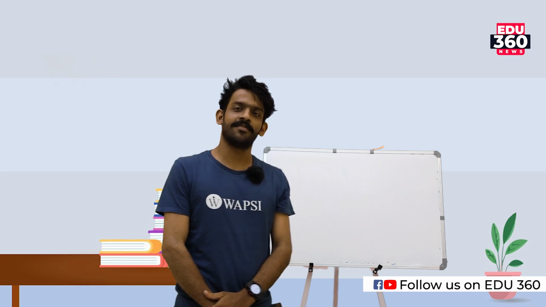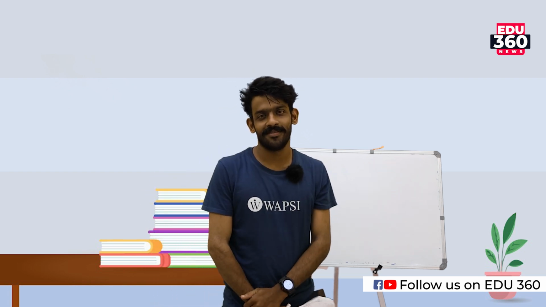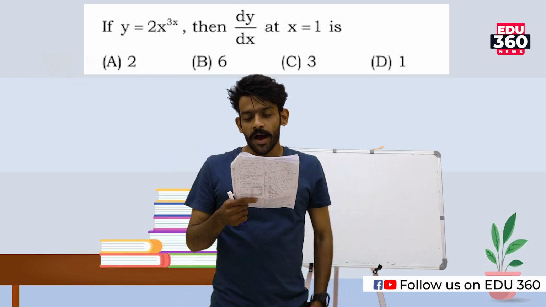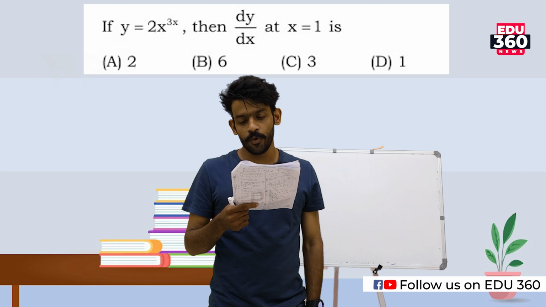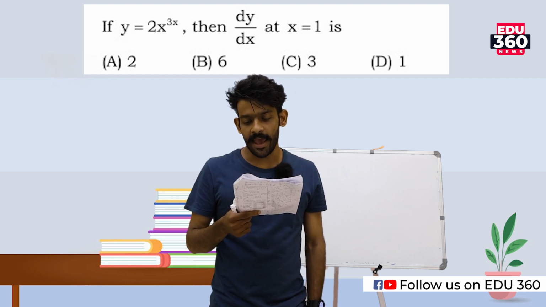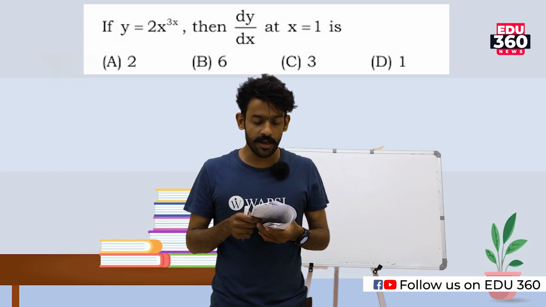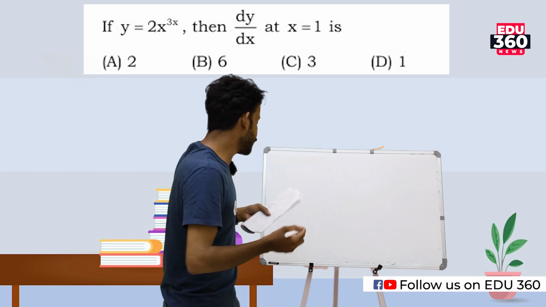Yes, we can directly move on to our questions. This is the first question. If y is equal to (2x) raised to 3x, then find dy by dx at x is equal to 1.